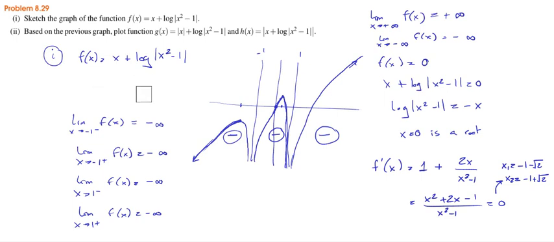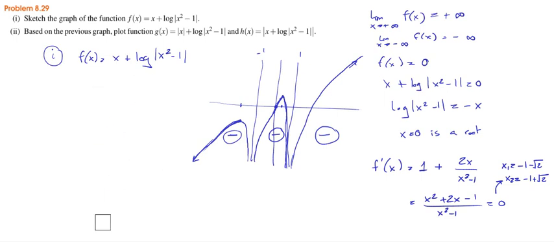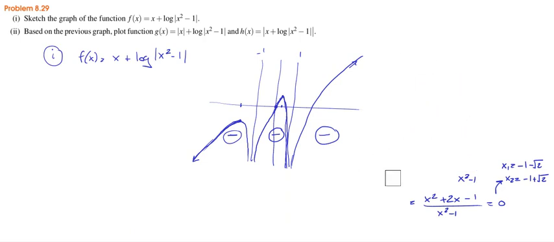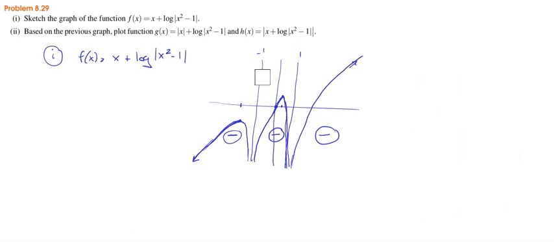Now, the second part is based on the previous graph. Plot these functions g and h. The second part is g, which is the absolute value of x plus the logarithm of x squared minus 1. And you can write this like the absolute value of x squared.